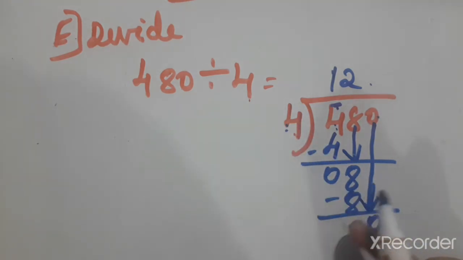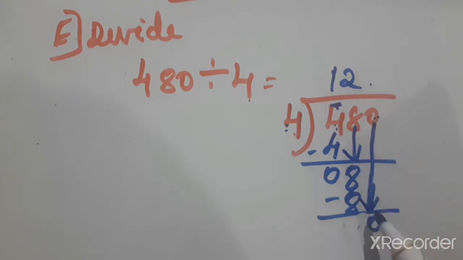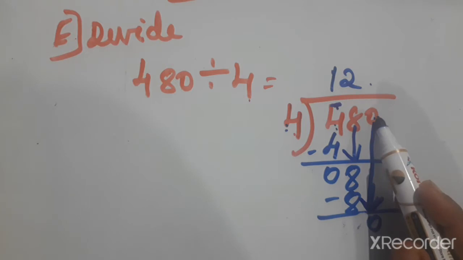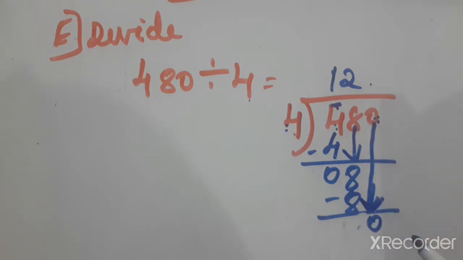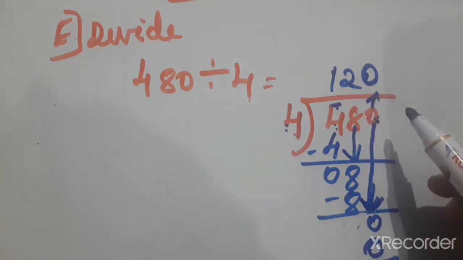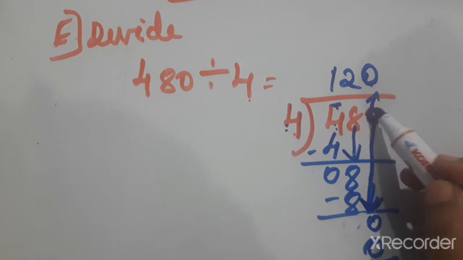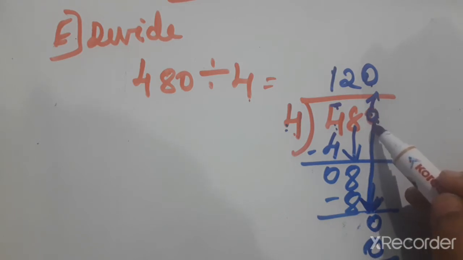This 0 doesn't have a value, but the carry over, above 0, bring down this 0, we have a value. 4 how much are 0? 4 zeros are 0, because this 0 we took from the question. 4 zeros are 0. Answer is 120. Or we can directly keep this 0 up. Directly write this 0 up, because this is inside the question. It is in the question.